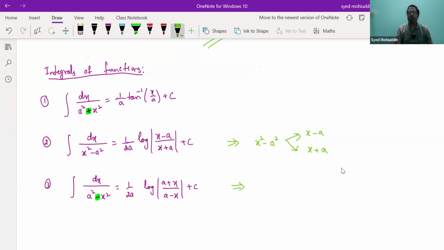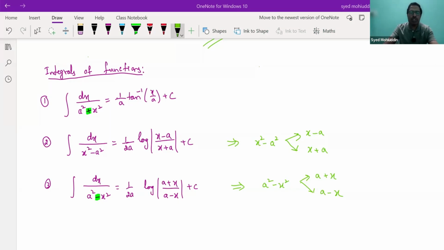Whereas when you have a square minus x square, the numerator is a plus x and the denominator is a minus x, because a comes first, then x, and I write them in the same order. You have to follow the same order whenever you have this type of formula. Both formulas are similar, and accordingly you need to write them down.